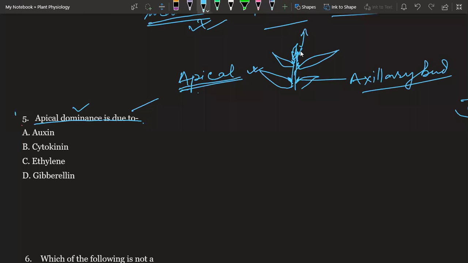And here is the apical bud. This growth takes place. In apical dominance, the apical bud keeps on growing and the lateral ones do not grow.